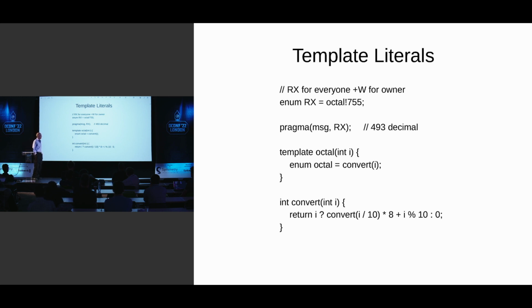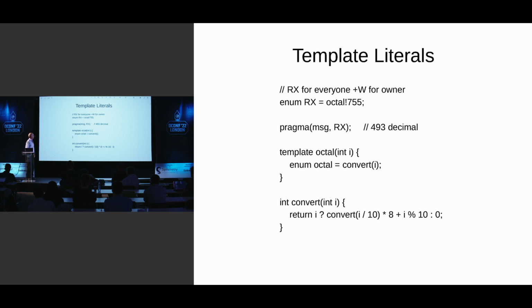What I found with templates is I was just thinking of templates only for structs and functions. Well, it turns out that you could do templates for any other symbol, including enumerated types. But an interesting thing about that is the 755 is actually not an octal. It's a decimal number.